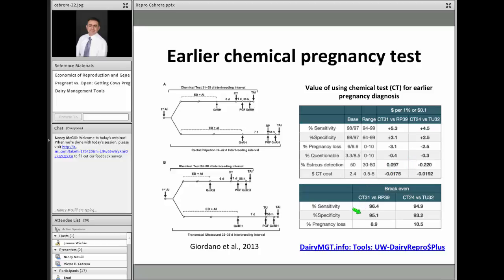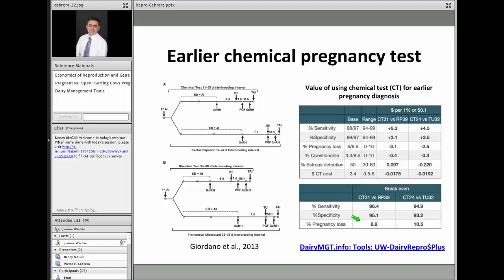But the final conclusion of the research was that having a sensitivity and specificity of about 94%, pretty much an accuracy of 94% for the chemical or blood pregnancy test, it would be worthwhile to use it to decrease the intervening interval, and that will make money if it is available on the market to decrease one week of intervening interval.